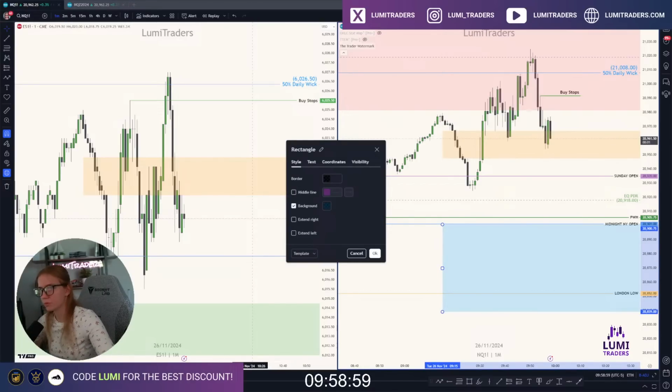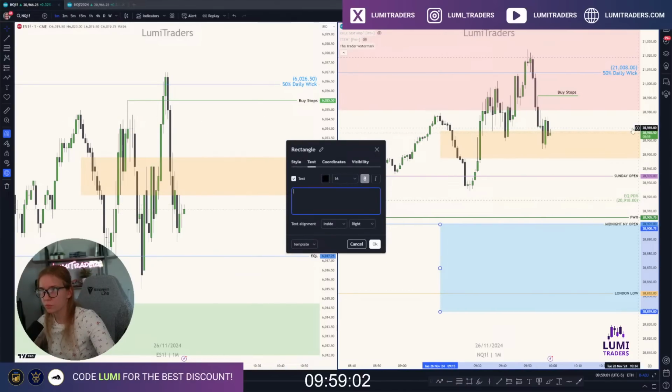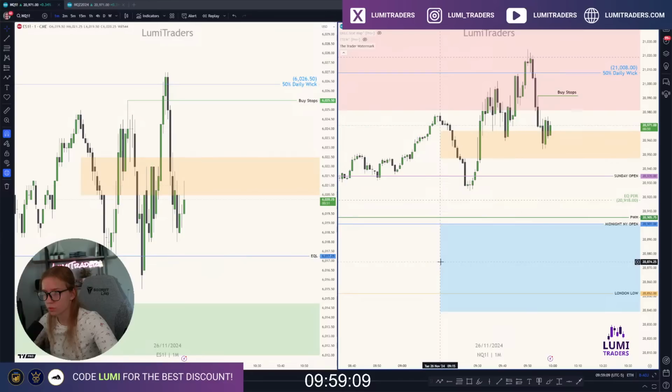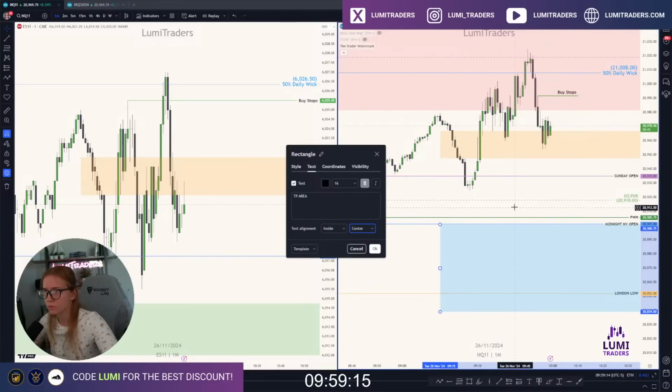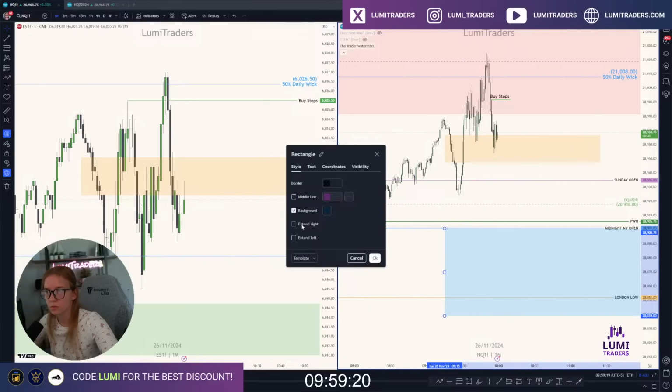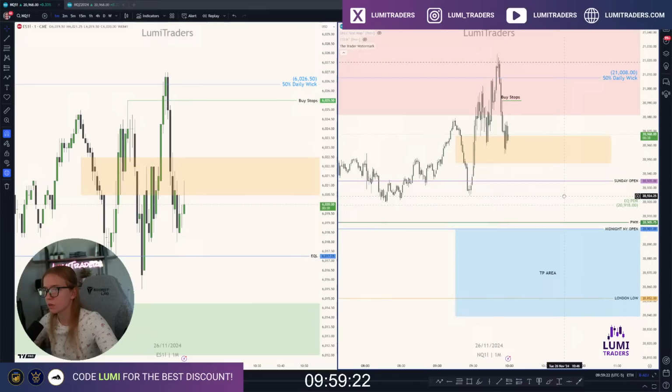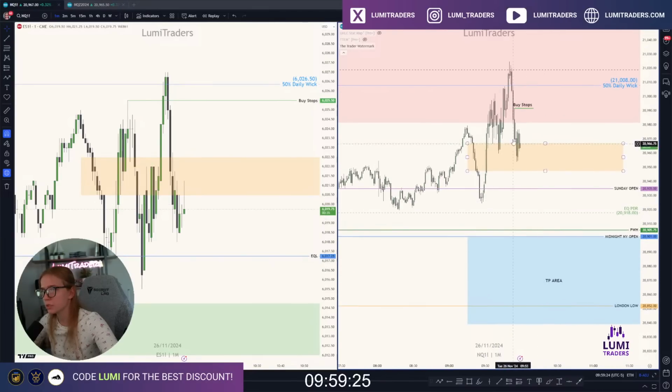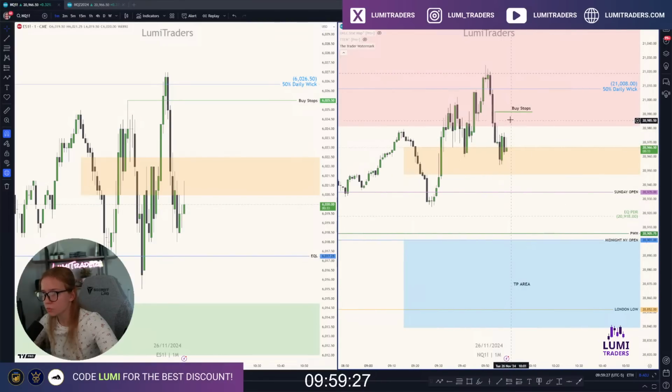Let's give it, oops, where is my mouse? If it wants to be short, we are going to call this TP area. So this TP, hard to see. That's a huge box, okay. Like this. That's going to be a TP area right here, but I will be interested in this move, for example, if it may offer a sweep or a change in the state of delivery right here, but preferably a sweep.